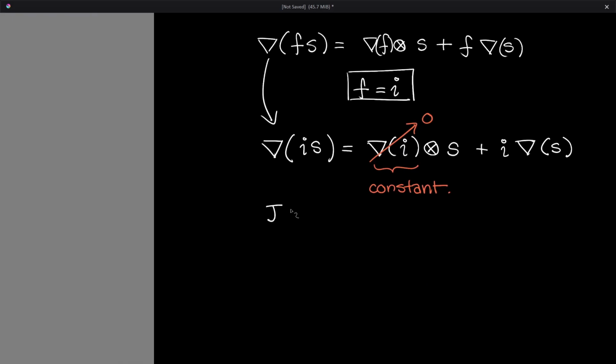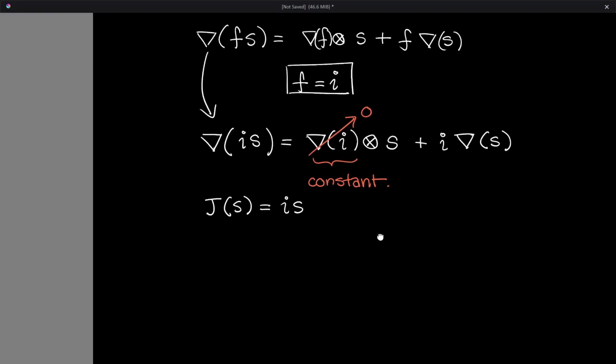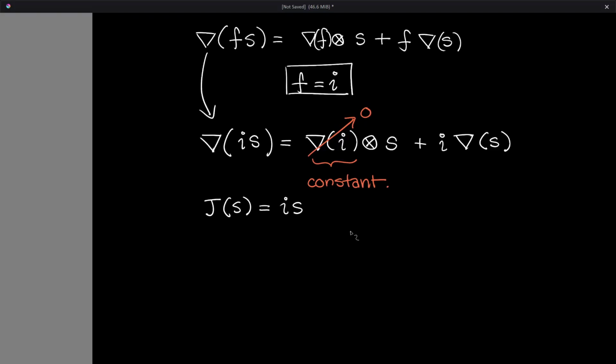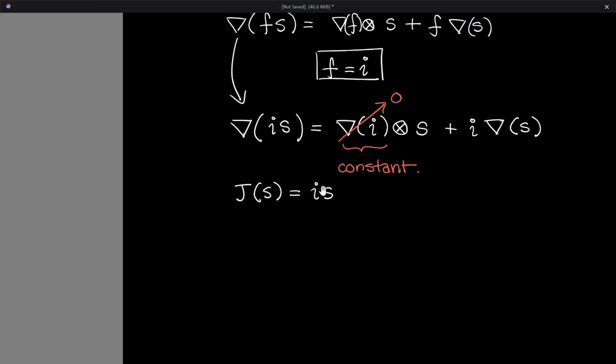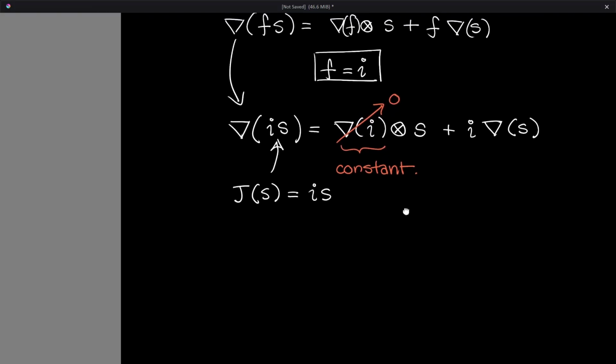So we know that J of s is equal to is. We didn't look at this specifically for vector fields, but this is an extension of the idea of J on each of the vector spaces in the vector bundle, right? So the idea is very similar. So we can say that this is J of s.